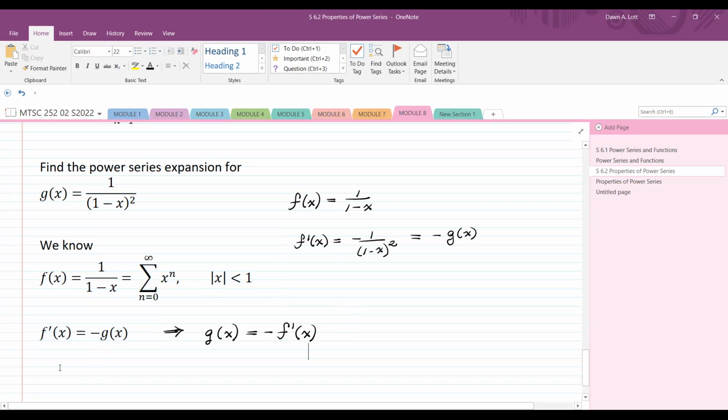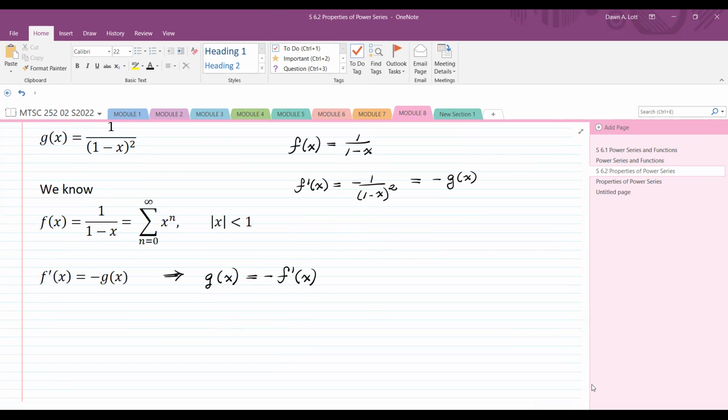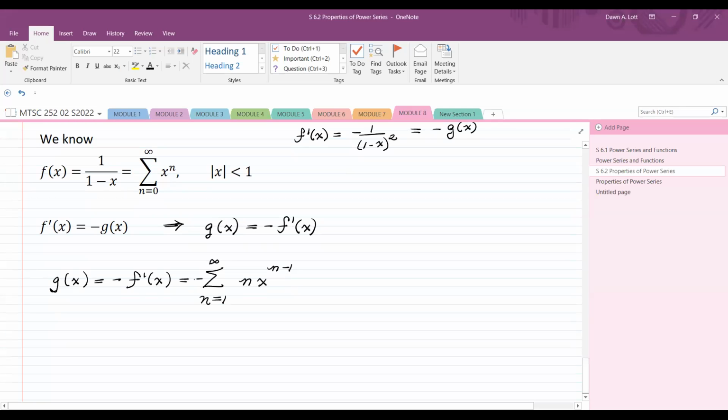All right, so the power series of G of x says differentiate the power series of f of x. So G of x, which is negative f prime of x, is simply minus the sum n equals 1 to infinity of n x to the n minus 1.